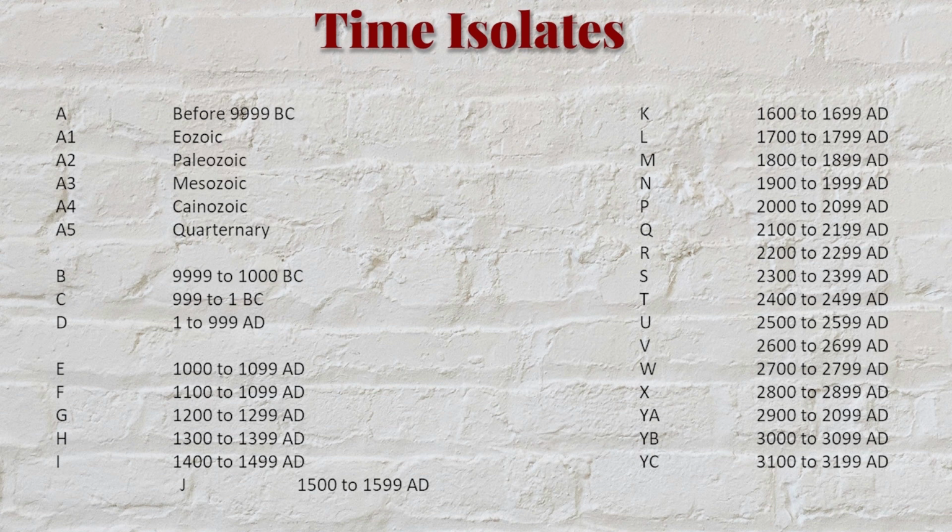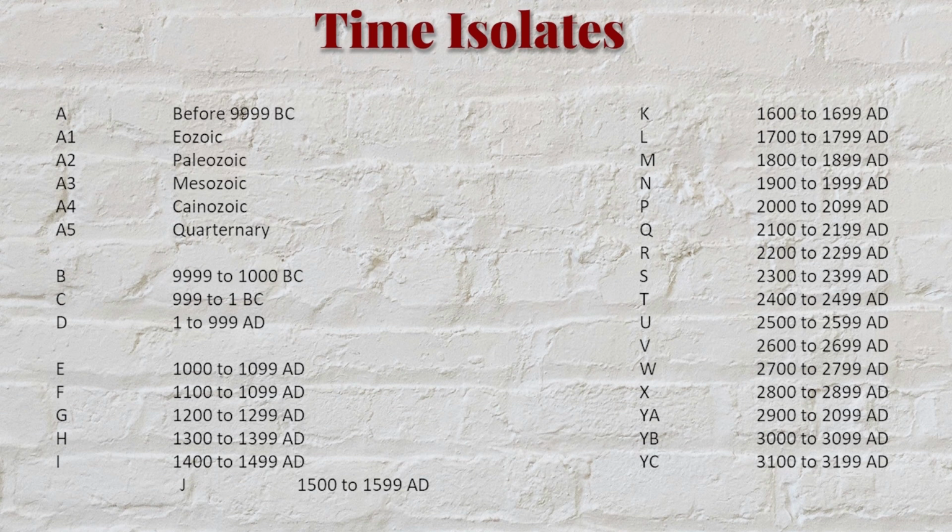Here we can see capital A denotes the time era before 9999 before Christ, and then A1 to A5 show different geological times.